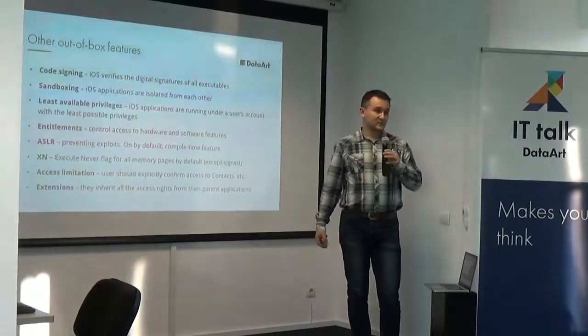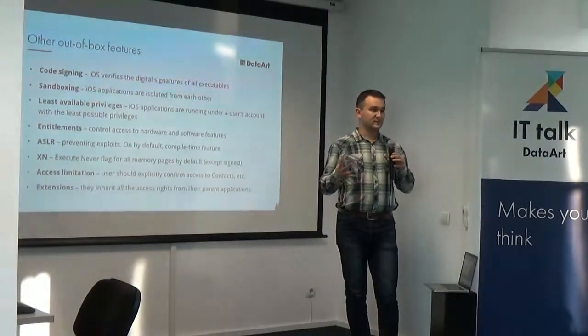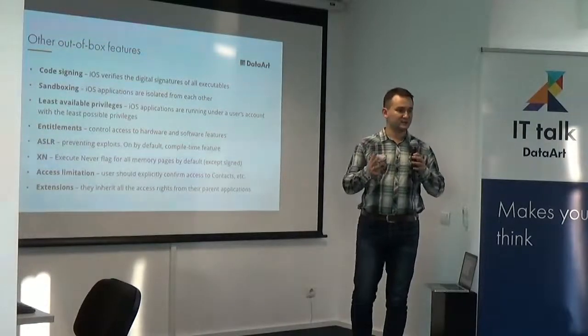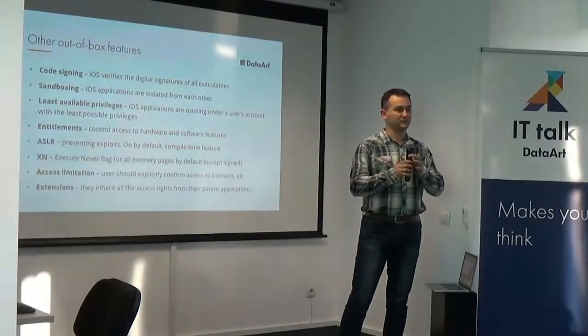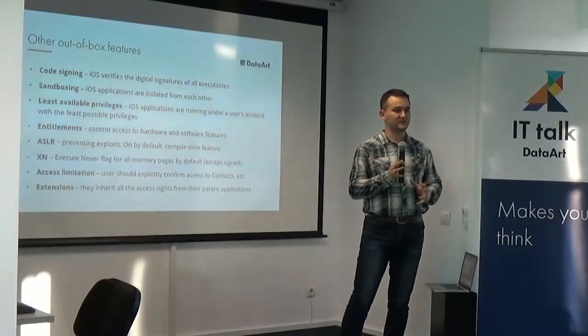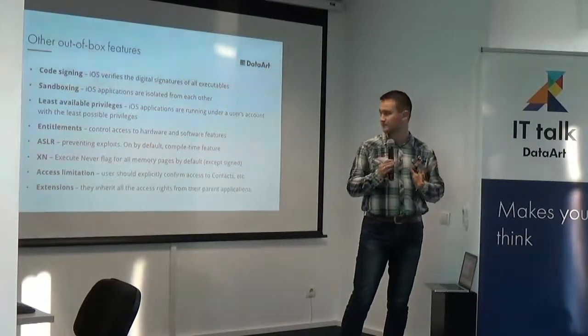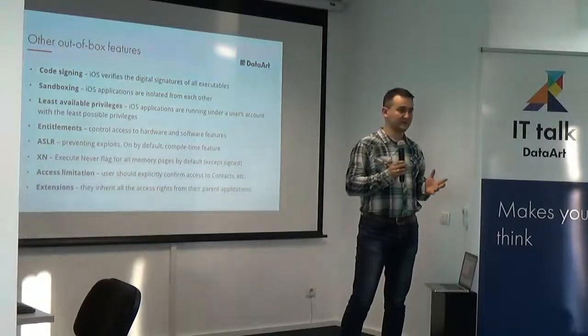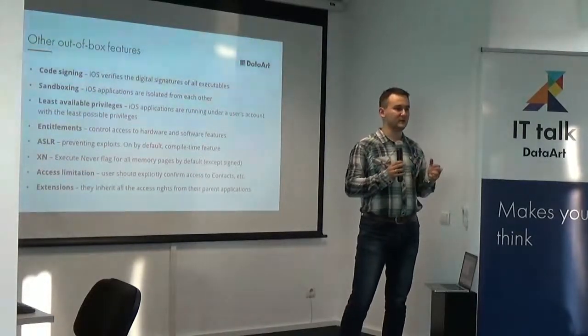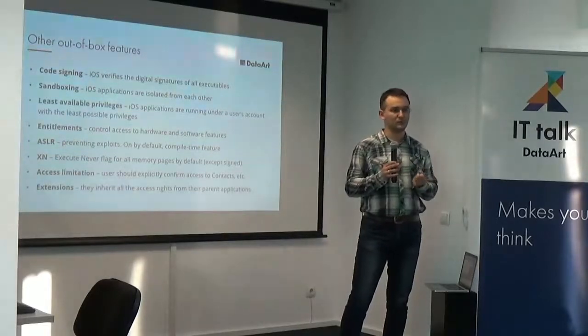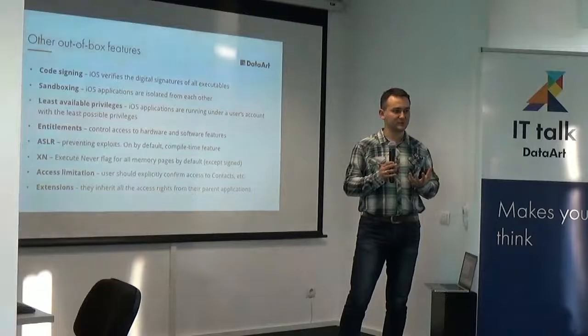Then, the second concept is sandboxing. It means that all applications are isolated from each other. Each application has its own sandbox, its own small model of the file system, its own area of memory. The third one is least available privileges. You know that Unix systems are multi-user by default, so it is possible to run applications under different user accounts.